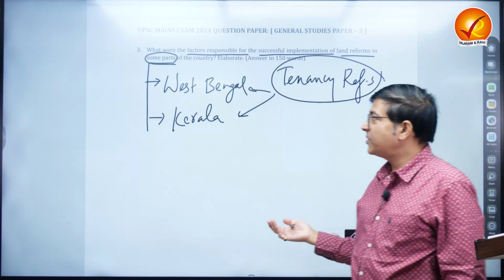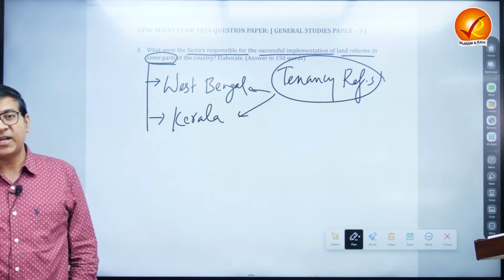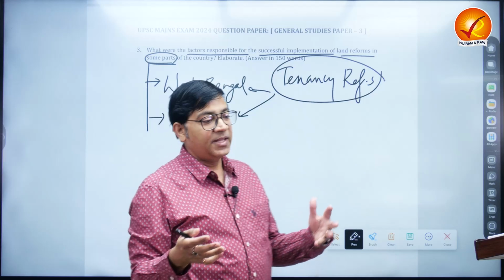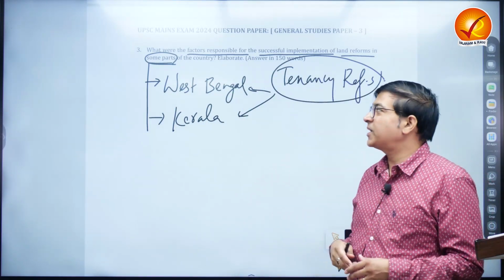Then later on, in the 1970s, came consolidation of land holdings, where the smaller land holdings had to be consolidated for better productivity.